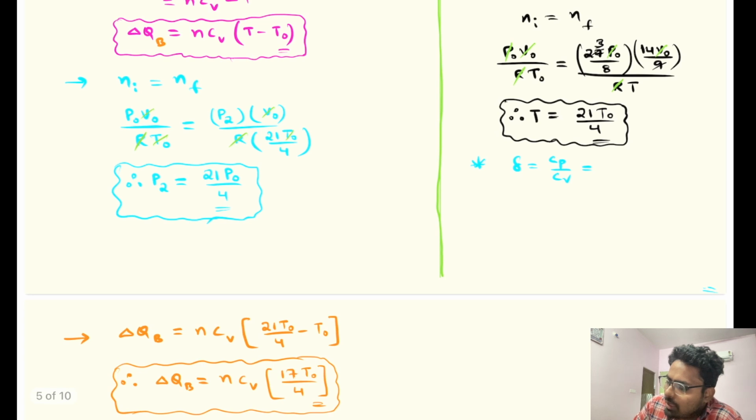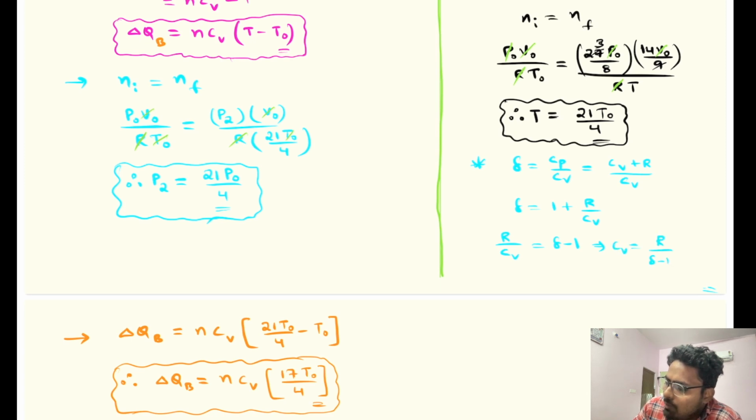Cp minus Cv equals R, so Cp can be written as Cv plus R, divided by Cv. Therefore gamma equals 1 plus R by Cv. So R by Cv is gamma minus 1, which implies Cv is R by gamma minus 1.